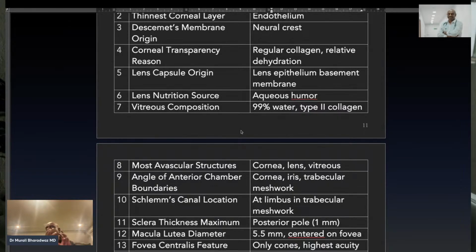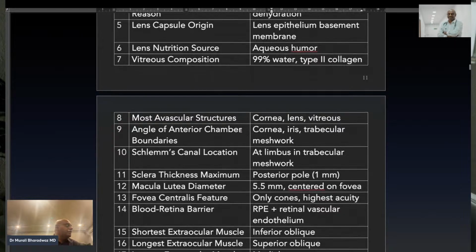Typically, you have collagen, right? Those orderly fibers of collagen are responsible for the transparency. Also, the cornea is avascular, unlike the conjunctiva. That's the reason also for transparency. So who provides oxygen to the cornea? The overlying atmospheric oxygen, and the aqueous.